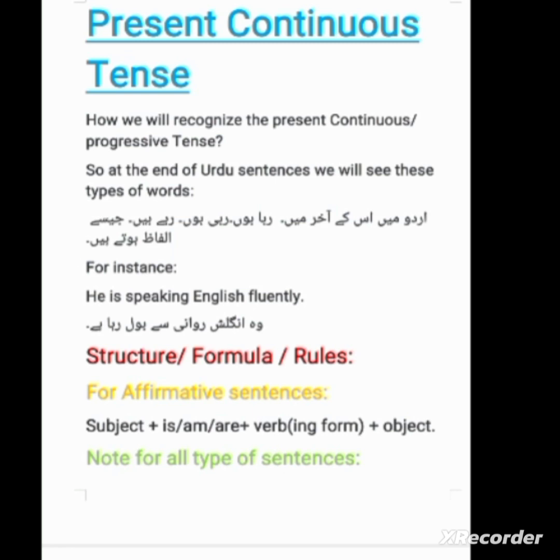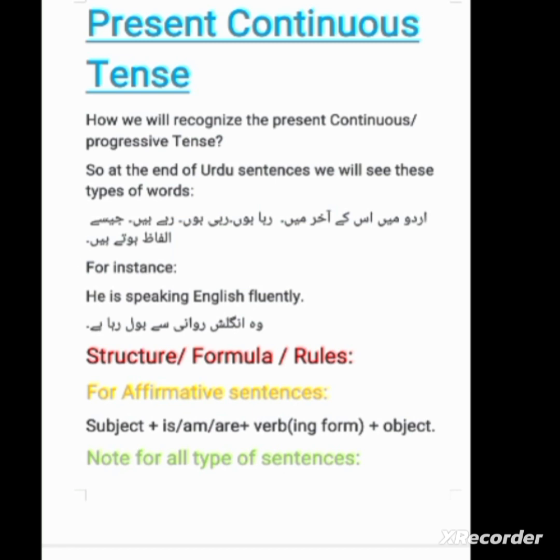So what is the recognition of the present continuous tense? How do we know that a sentence is present continuous tense? It's very simple. Whenever you see a sentence in Urdu with words like raha hoon, rahe hain, it means you are doing this at the present time, which is happening right now.